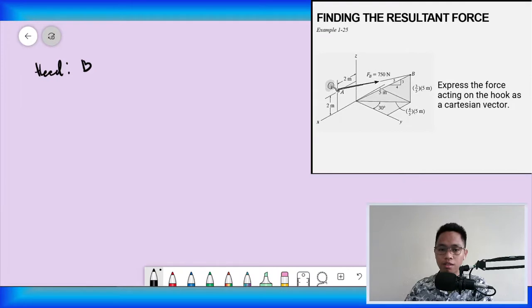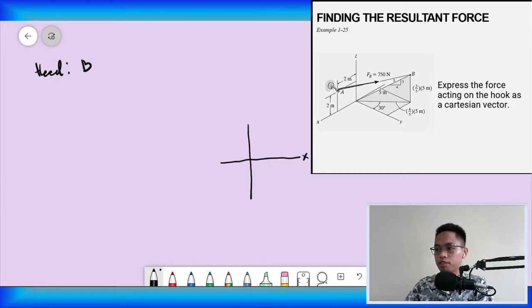Now, based on the figure, it is not stated directly, so we need to solve. Let's imagine what the x coordinate of B is. For the x coordinate of B, we have this triangle. I hope you can imagine the top view.